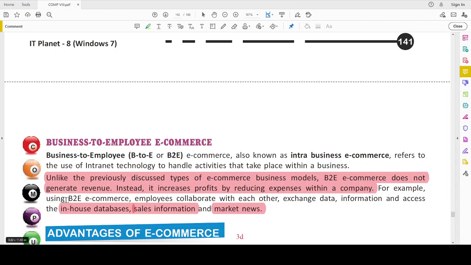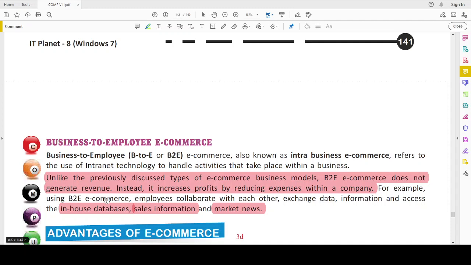For example, in B2E, business to employee e-commerce, employees collaborate with each other, exchange data, information, and access in-house database, sales information, and market. So what can the employees do by collaborating with each other and exchanging data? They will, for example, get a nearby location from where they can procure their raw materials.